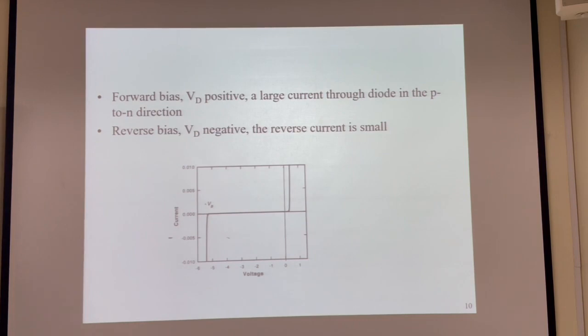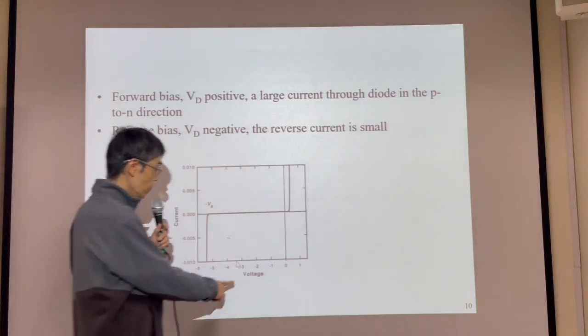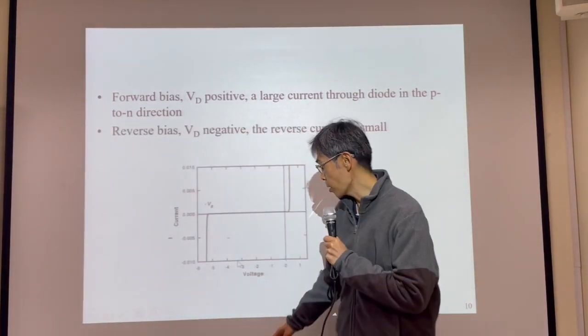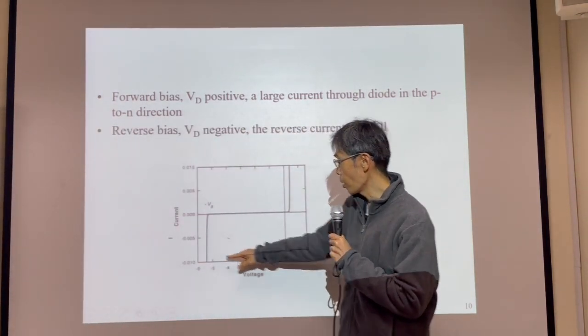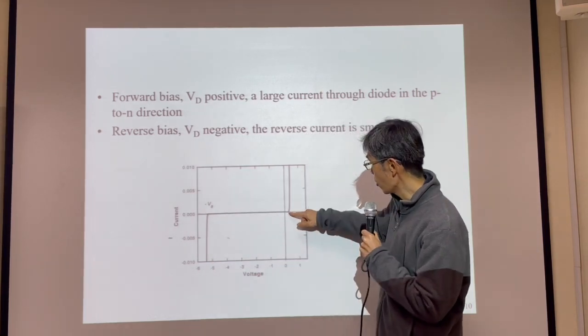Could you read this? For bias VD positive, large current flows in the diode in the P to N direction. Okay, thank you. We connect P to positive potential and N to negative potential. Here the X coordinate is voltage and the Y coordinate is the current.